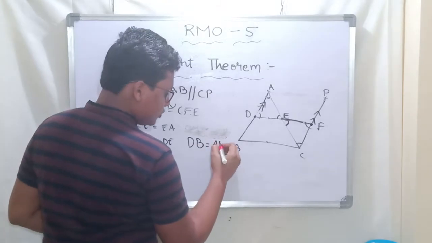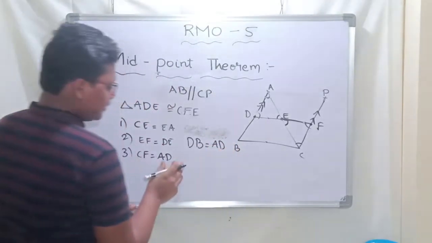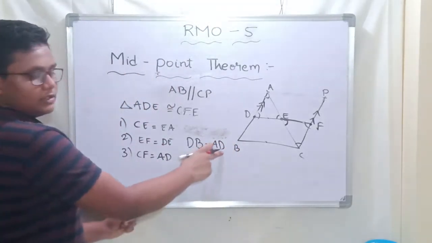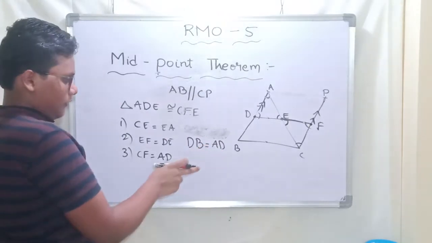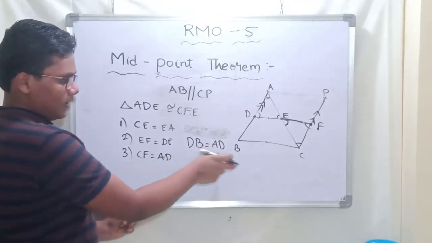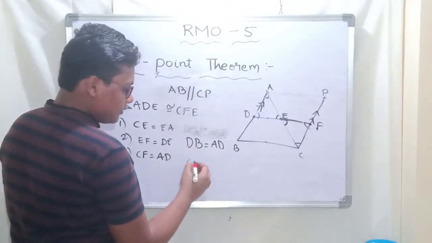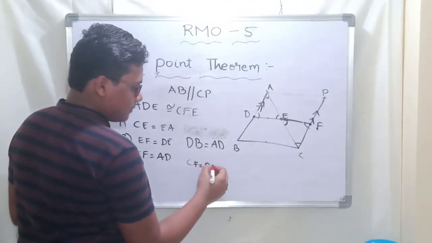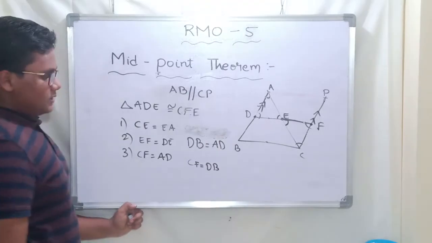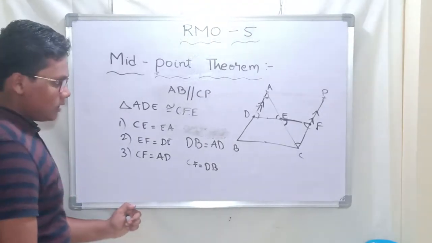If AD is equal to CF and AD is equal to DB, then CF is equal to DB.